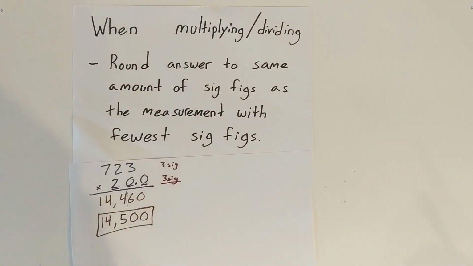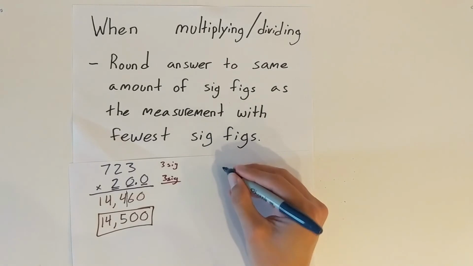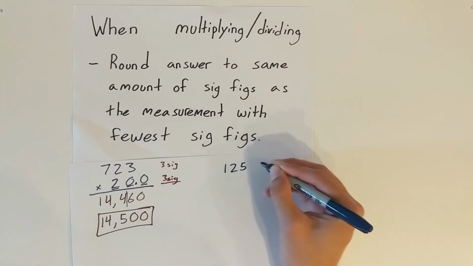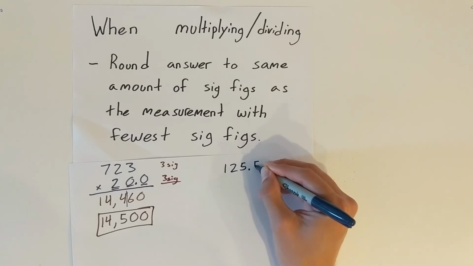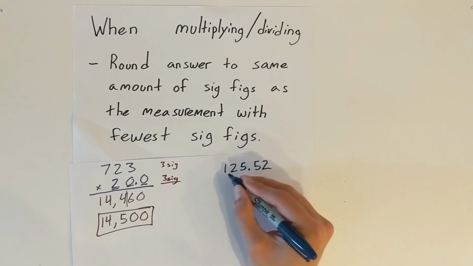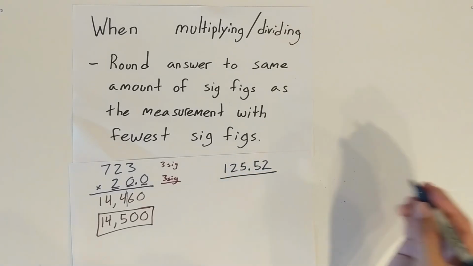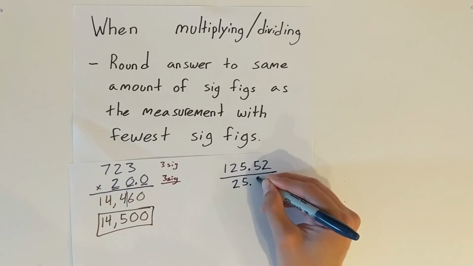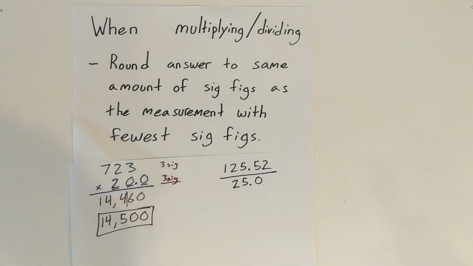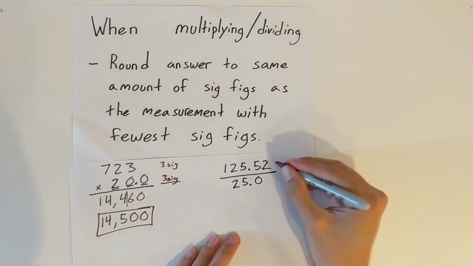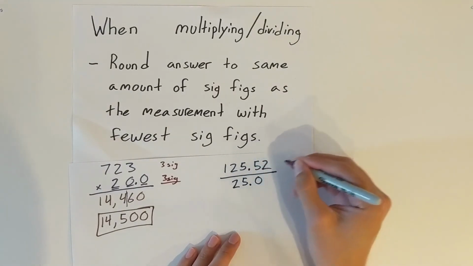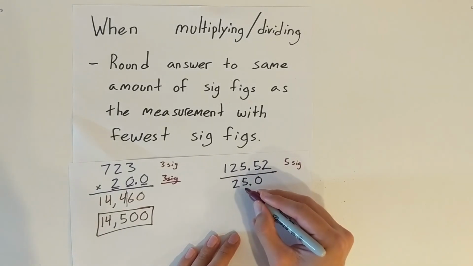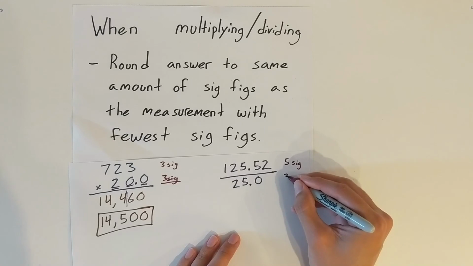So if I had a couple numbers, let's say I had 125.52, and I was dividing it by 25.0. I got to figure out how many sig figs are in each of those. This one has 1, 2, 3, 4, 5 sig figs. This one has 1, 2, 3 sig figs.